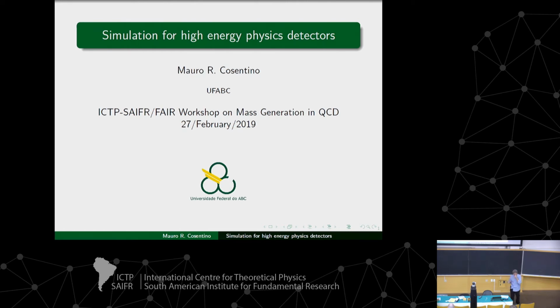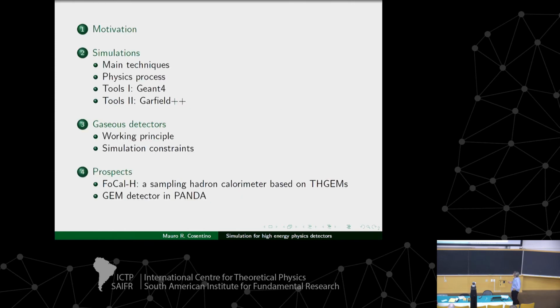the title of my presentation may sound a little bit more ambitious than it really is. Basically, what I'm going to provide you is a general view of detector simulation, a little bit more oriented to gaseous detectors.